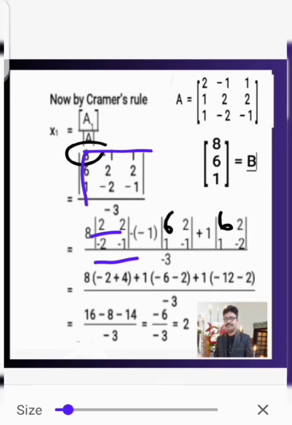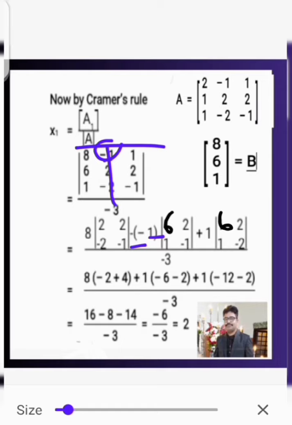Now, we will take the negative sign with the second value. Second value is minus 1. Negative sign will be assigned with minus 1. If we take the negative 1, the column and row of that element will be cancelled. The remaining values 6, 2, 1, minus 1 are written here.